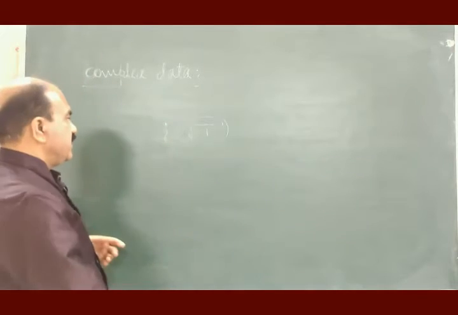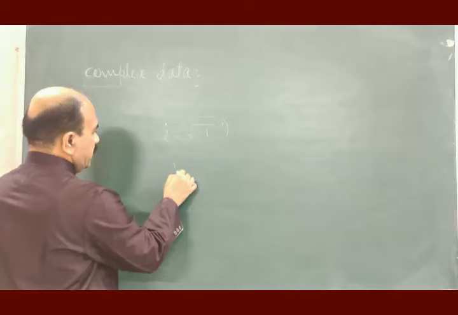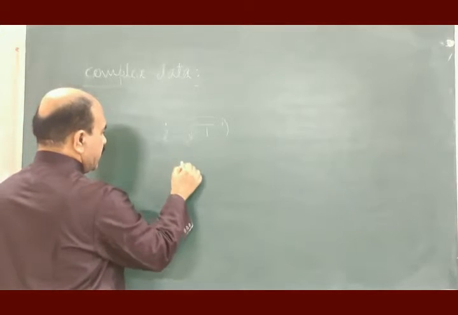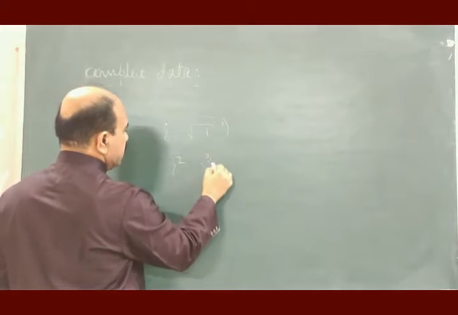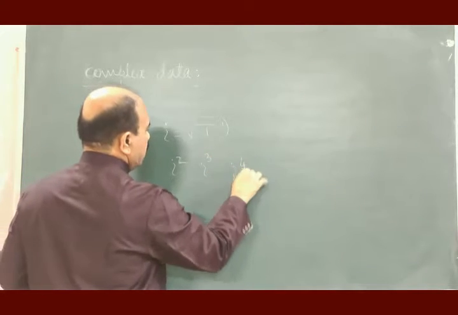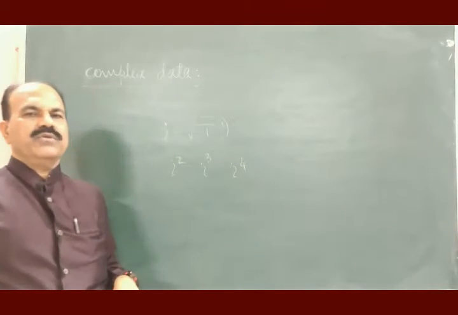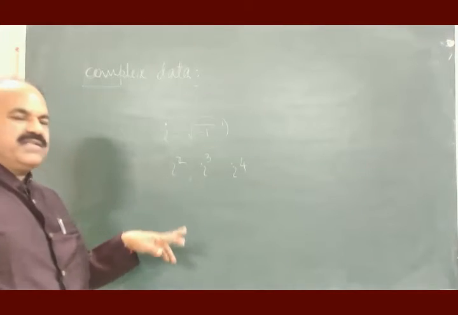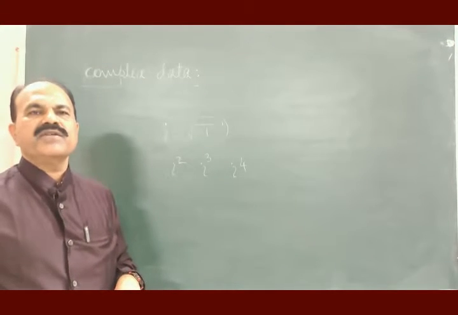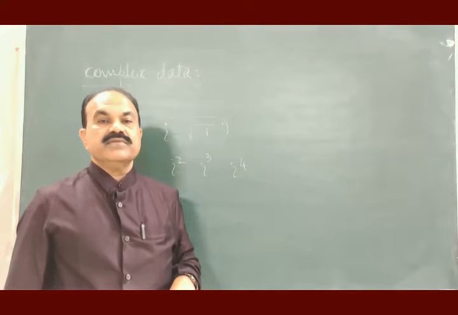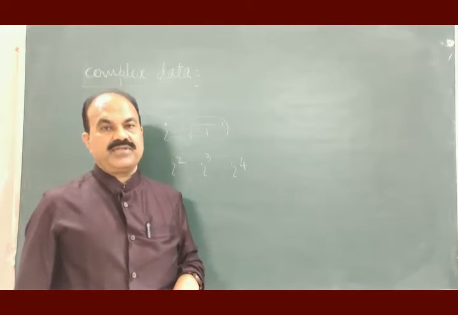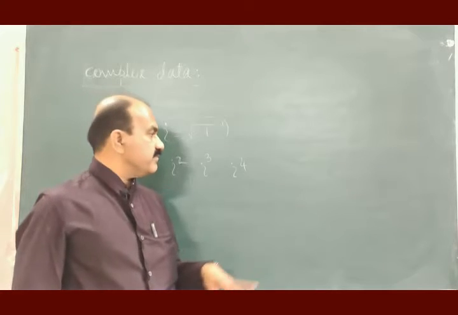We can find I square, we can find I cube, I to the power 4 and so on. What is I square? -1. I cube is minus of square root of -1.